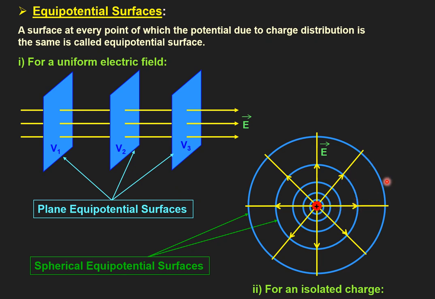We will discuss this under the properties of equipotential surfaces. For the time being, just remember how to draw the equipotential surfaces due to various charge configurations or electric fields. Now we have the properties of equipotential surfaces.